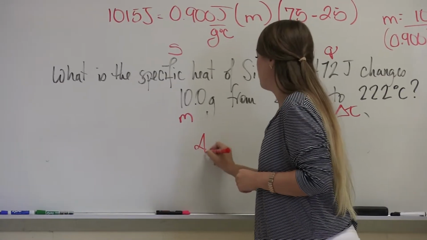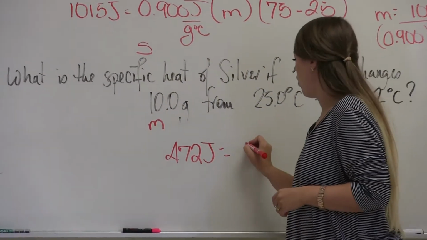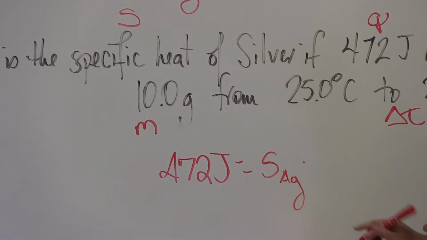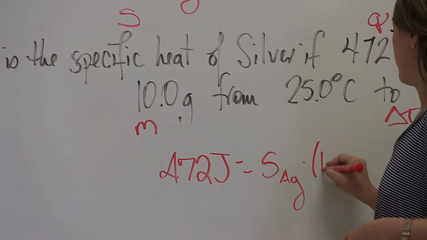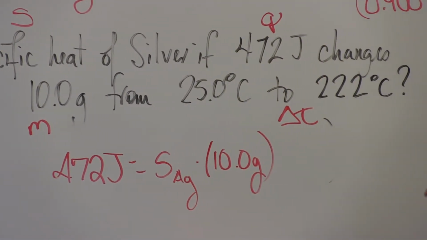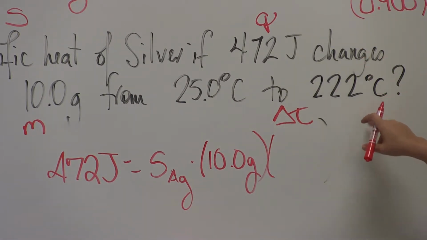My Q is 472. So Q equals S, which we're going to solve for, the specific heat of silver, times the mass, which is given to you as 10 grams. It needs to be in grams because specific heat is given in grams, times my change in temperature, which is final minus initial.